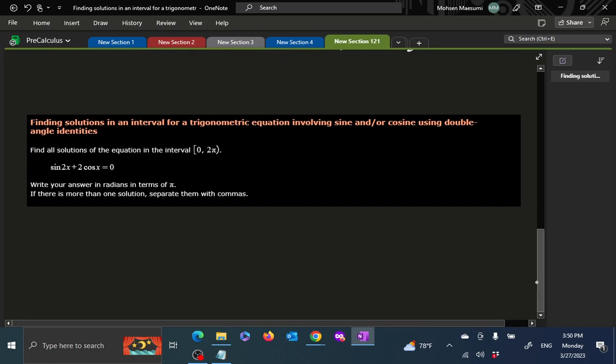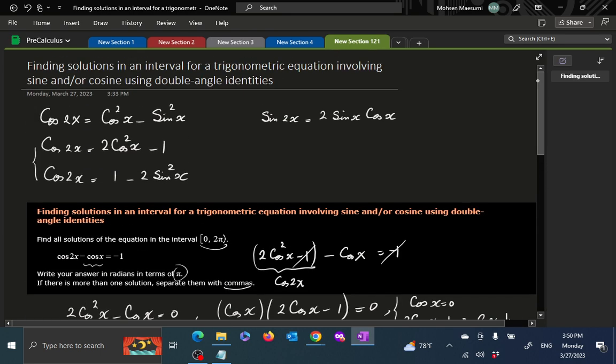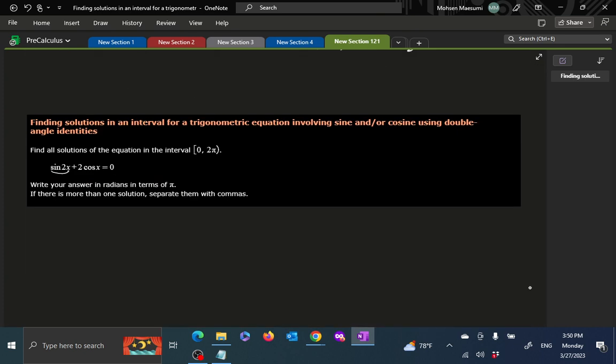Another version of this, now this time we have sine of 2x. Sine of 2x, the identity for that was 2 sine x cosine of x. So we take it, sine of 2x is 2 sine of x cosine of x.